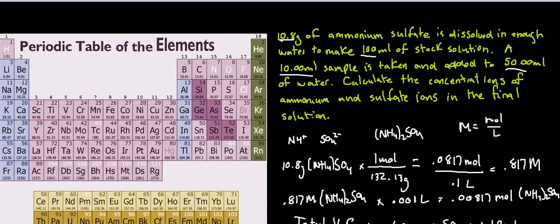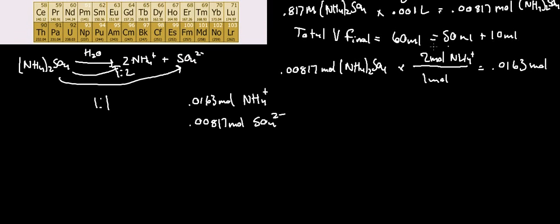So the total volume is going to be 60. So to calculate the concentrations of each one, I divide by 60 milliliters. But I have to convert that to liters, obviously. And 60 milliliters is 0.06.